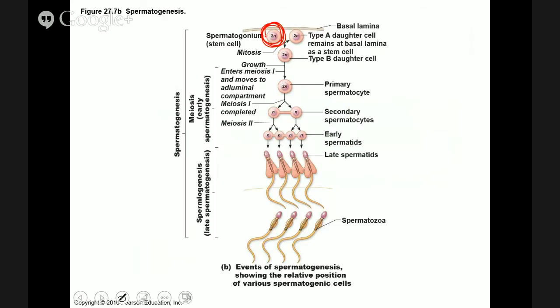And that stem cell is going to double its chromosomes, and then it's going to divide. One is going to stay here, and then the other one is going to become what we call a type B daughter cell. Now this has 46 chromosomes in it.